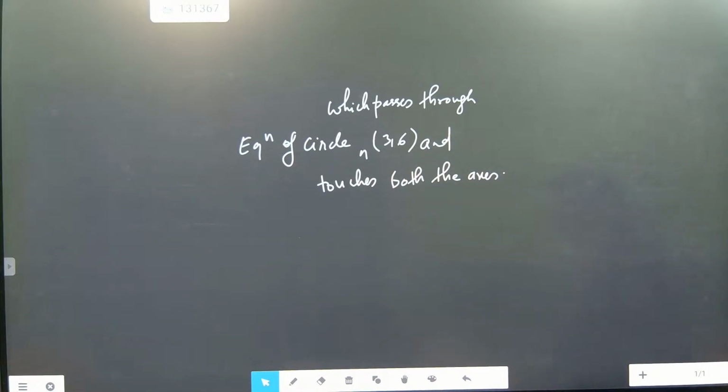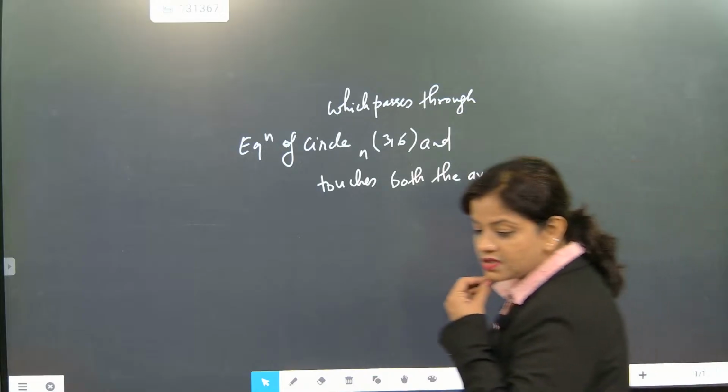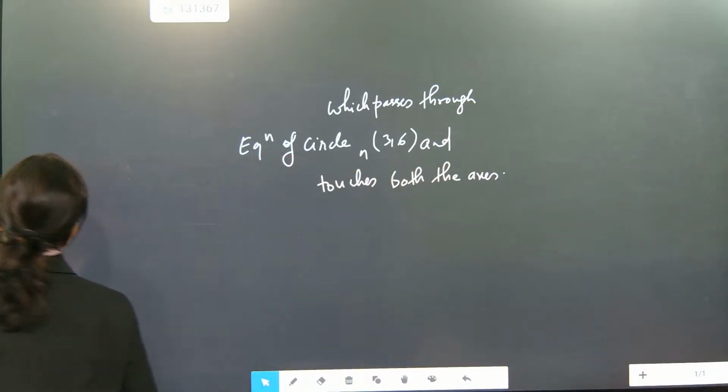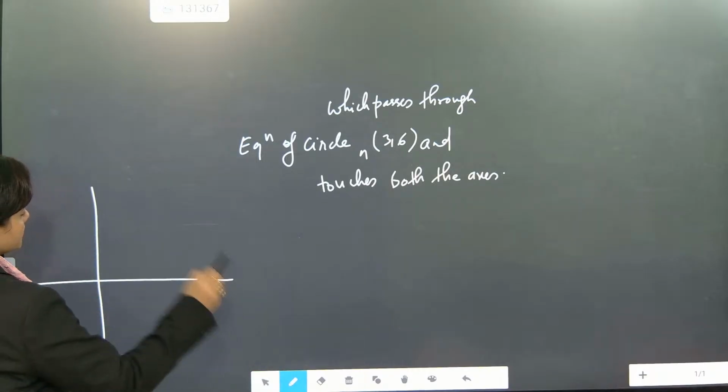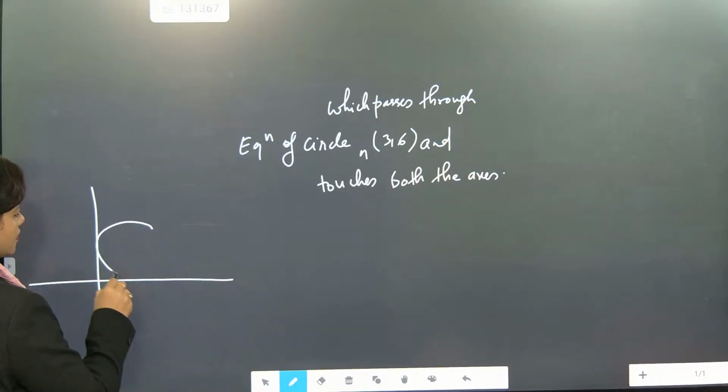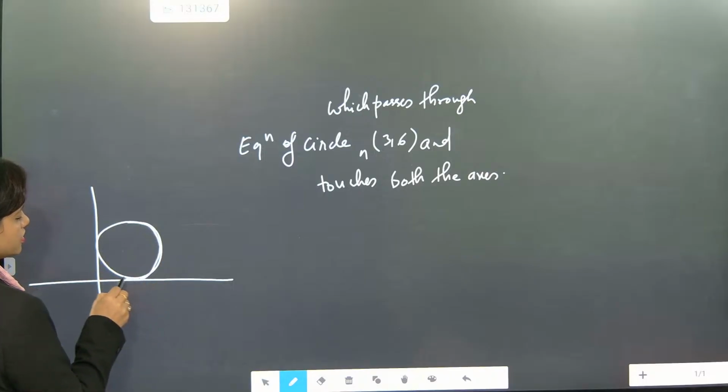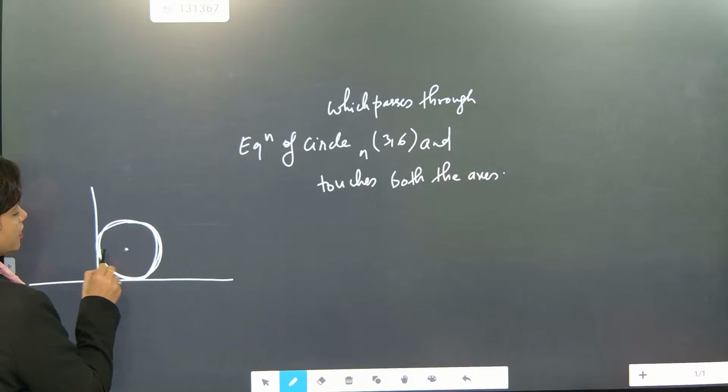First, I told you one basic rule. When the circle touches both the axes, if I am going to draw like this, that means this touches both the axes. Now this circle is touching both the axes. Okay, so this is the center. This is a, then this is a.